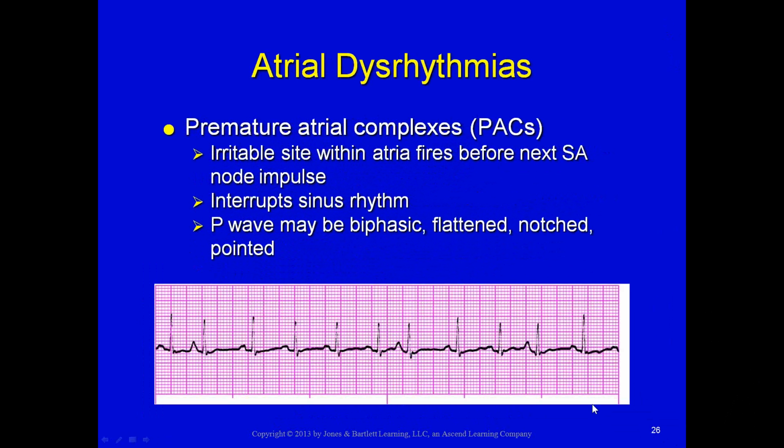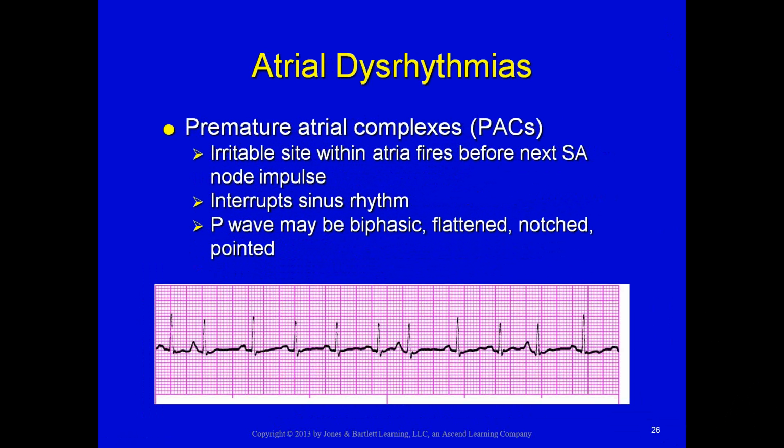It's not nice and round and upright, as we've seen so far. So as an example here, we're going to talk about some atrial dysrhythmias, arrhythmias that originate in the atrium. And the first one we're going to talk about are PACs. If we break that down, a premature atrial complex, well, premature, it's got to be a complex that comes early.